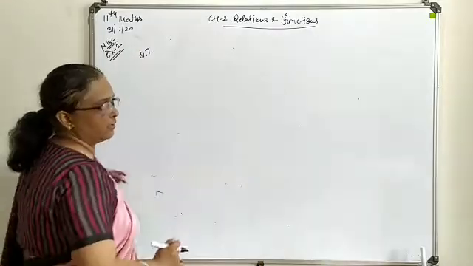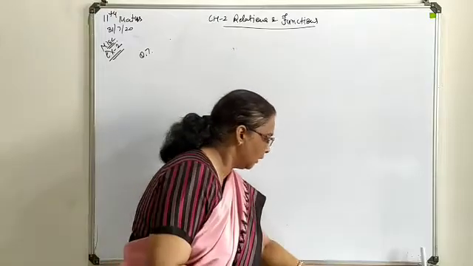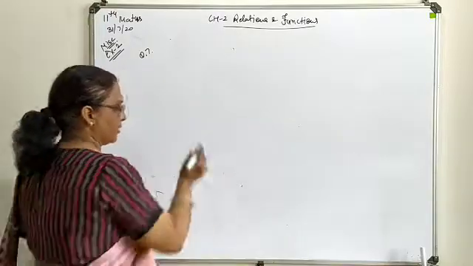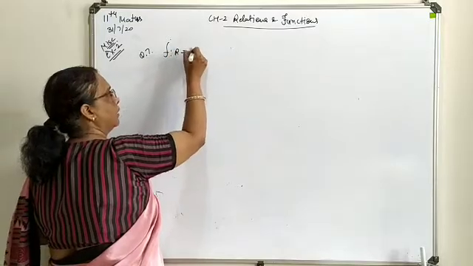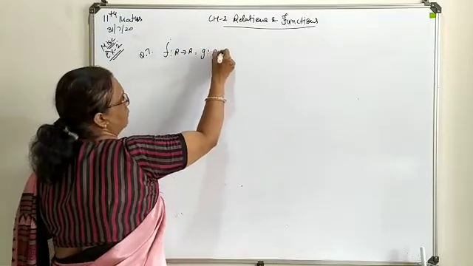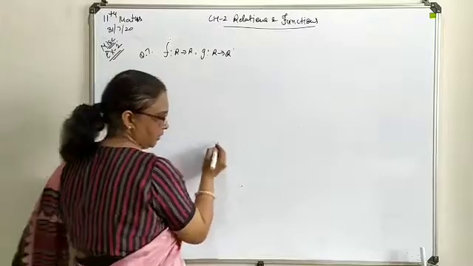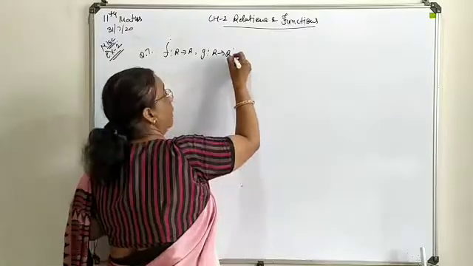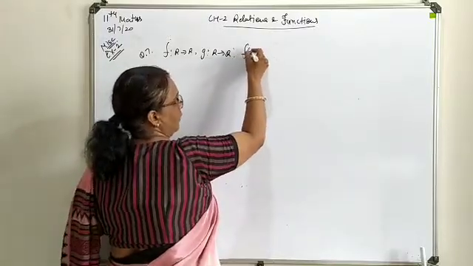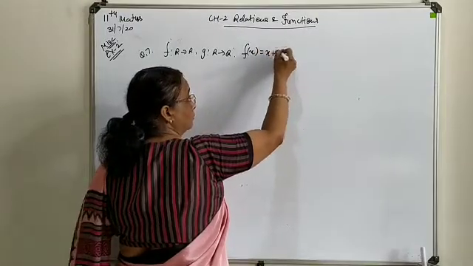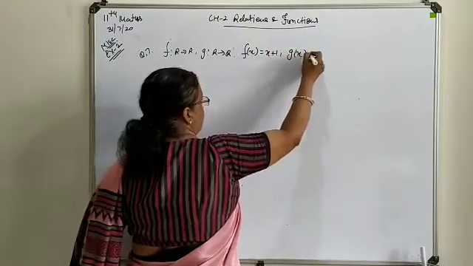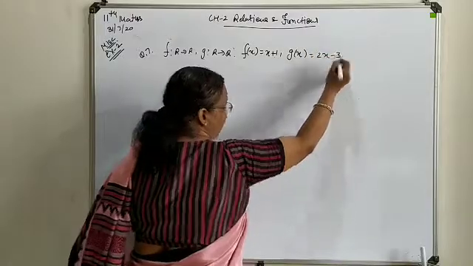Such types of questions we have not attended so far. Here are two functions f and g. F is defined from R to R. G is also defined from R to R such that f(x) is expressed as x plus 1, whereas g(x) is expressed as 2x minus 3.